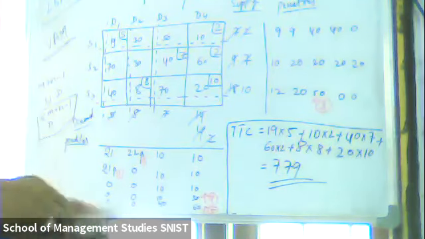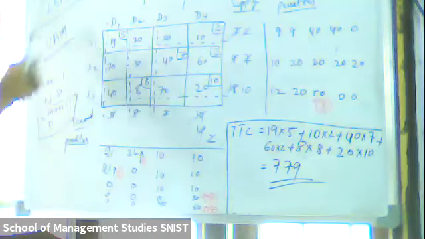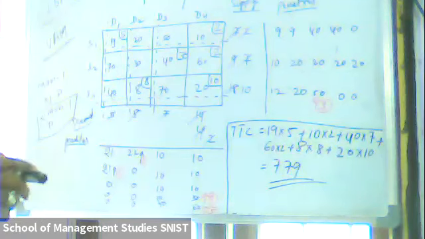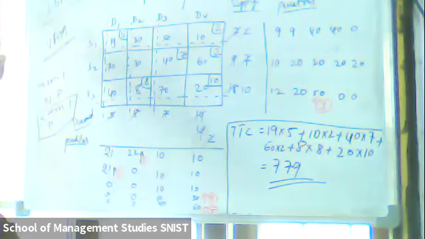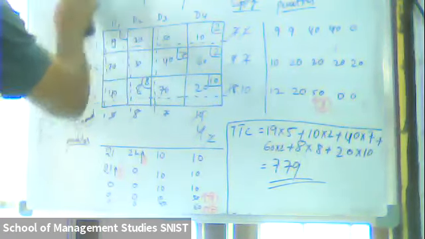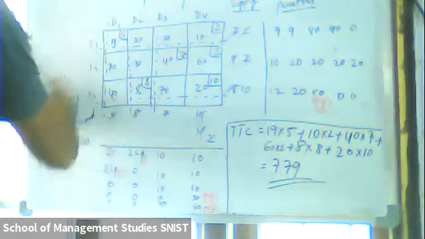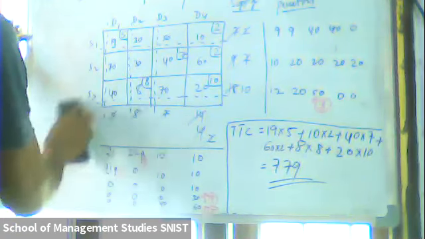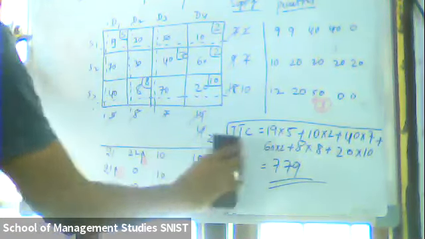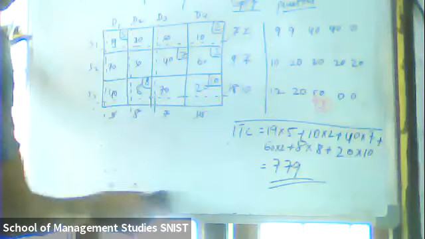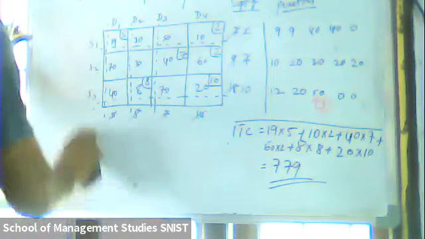Okay, so I'm taking the same problem to solve and apply this Modi method. I will redraw this particular one. So we are applying the Modi method now. I hope you noted down this particular problem, and even the allocations also. Yes or no?